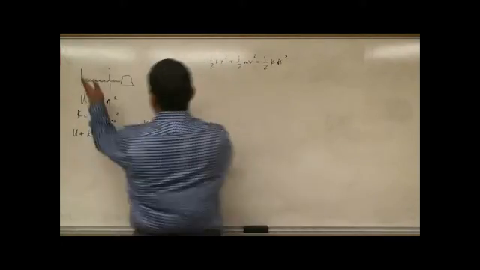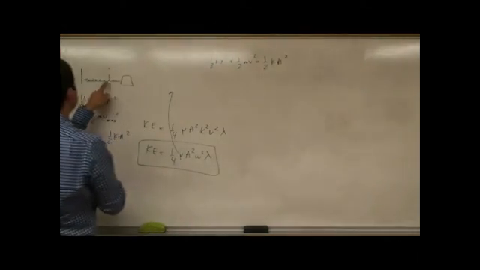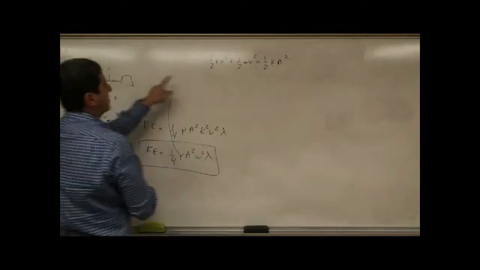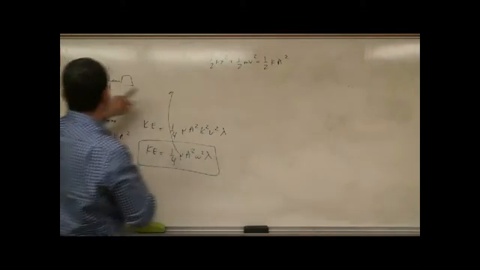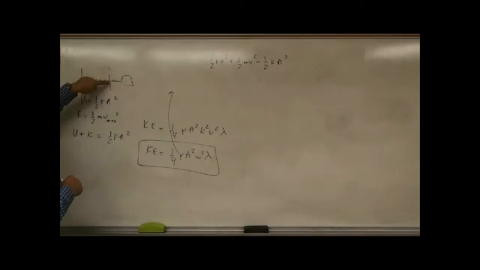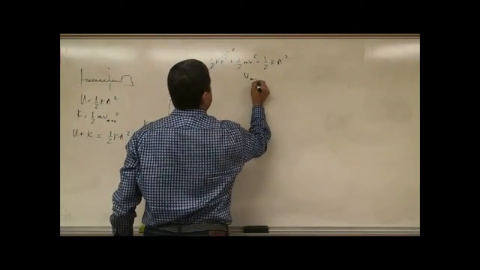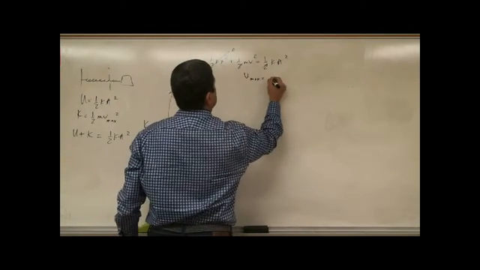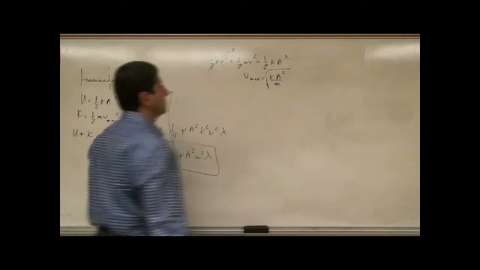The maximum potential energy at the ends. This is the velocity at any point along the path, and this is the potential energy at any point, right? So if I want to know the maximum velocity here at the middle, then I set this equal to 0, and V max is going to equal the square root of Ka squared over m, right?